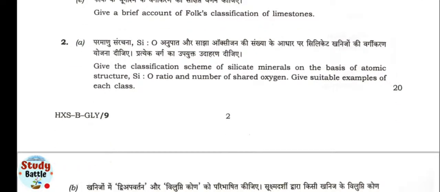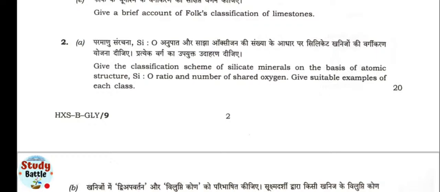Question number two deals with: give the classification scheme of silicate minerals on the basis of atomic structures. Atomic structure means the silicon and oxygen ratio. Whenever we talk about silicate structures, we necessarily talk about the silicon and oxygen ratio.